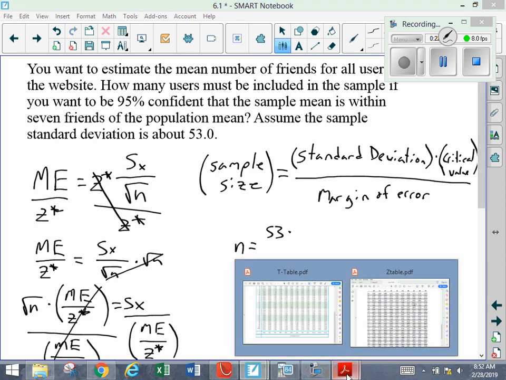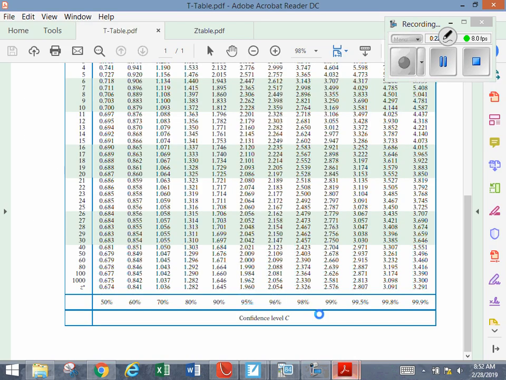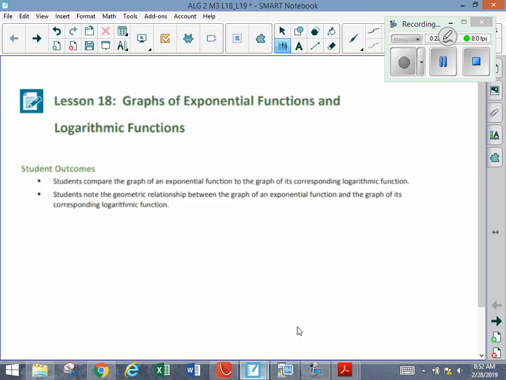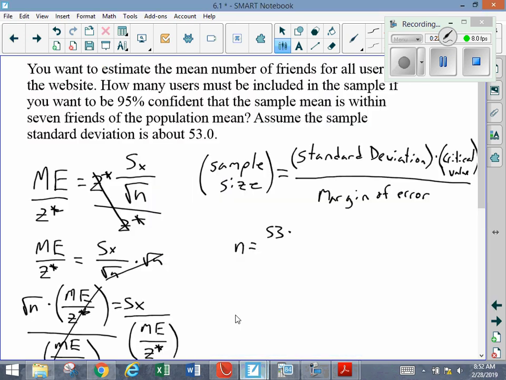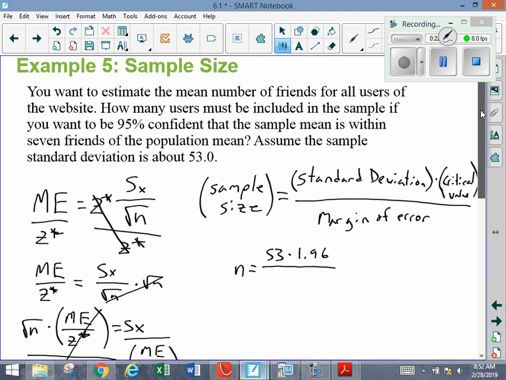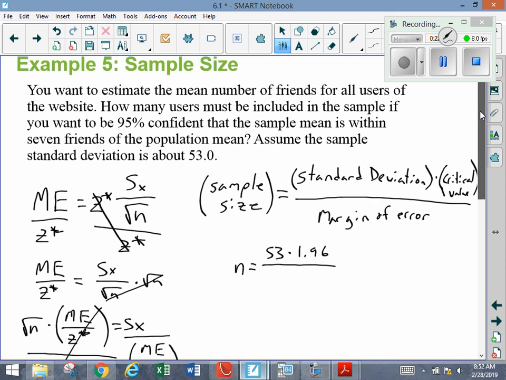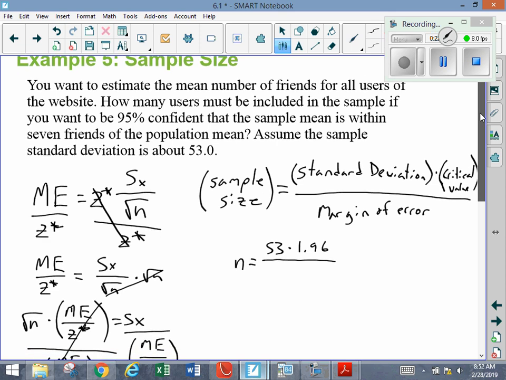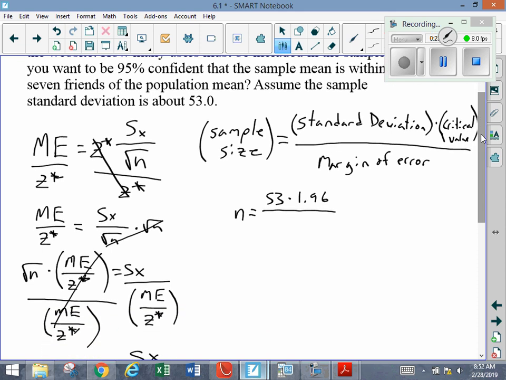I can go to my table, 95, I'm going to use a critical value of 1.96, divided by what margin of error do they want? Seven frames. So we'll go ahead and calculate that thing.